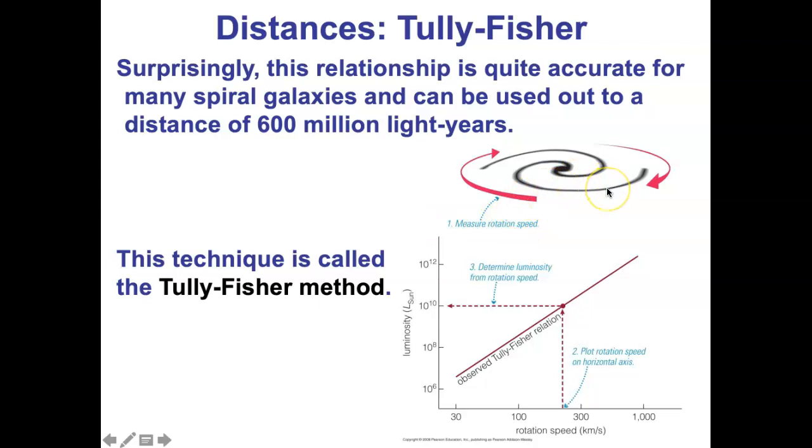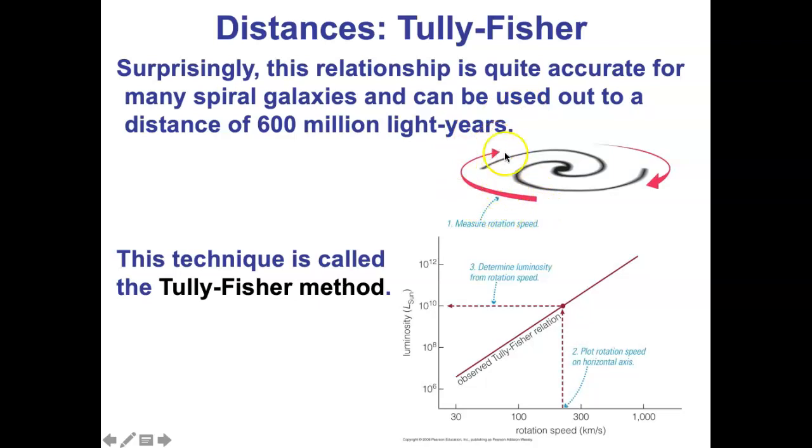And so what you do is you measure the Doppler shift. The stars on this side of the galaxy, if they're spinning toward us, then this starlight is blue shifted. The stars on the other side, if they're spinning away from us, then that starlight is red shifted.